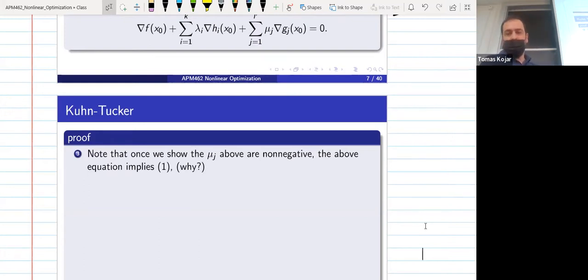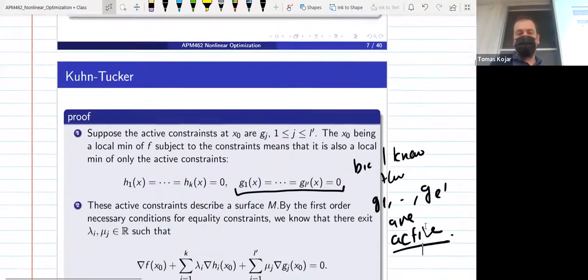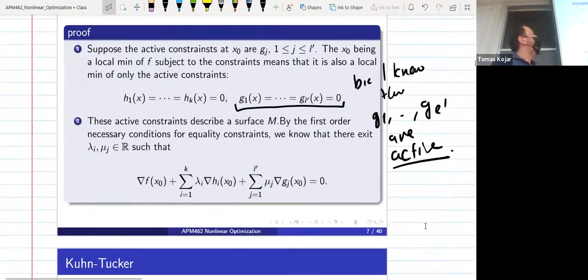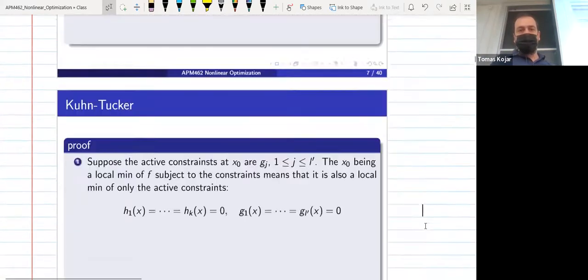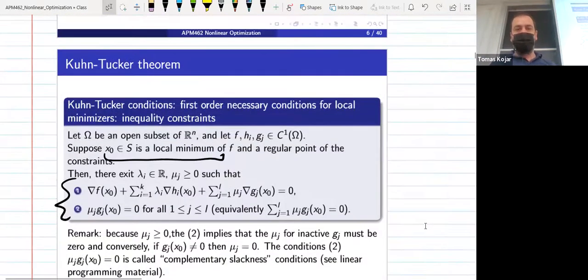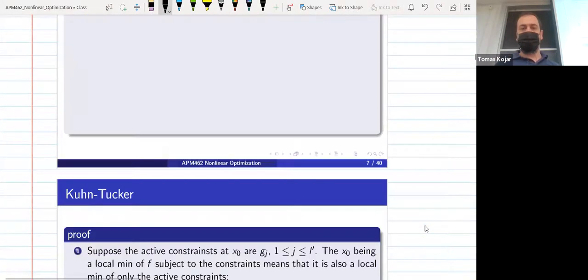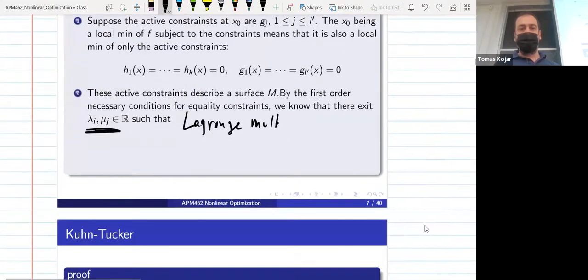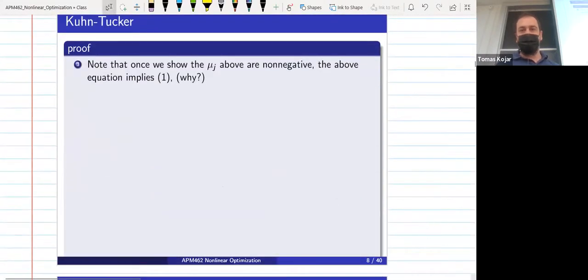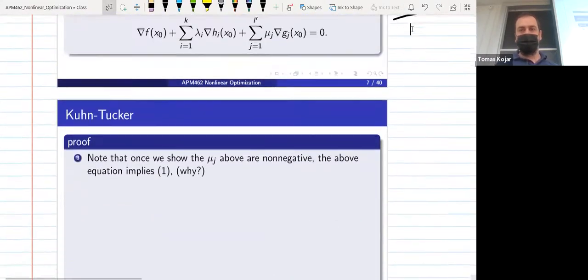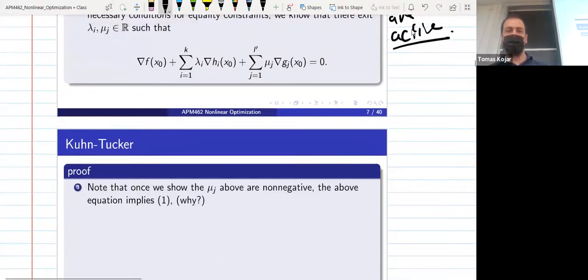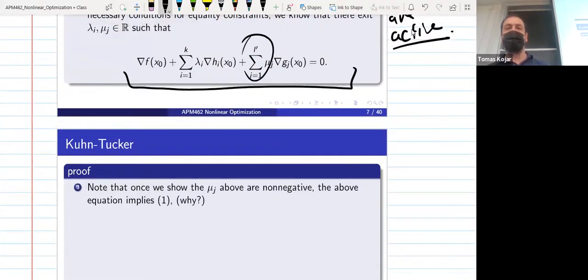So let me ask you this. If I show that in fact the Lagrange multipliers are non-negative, why would that give me the full thing with the inactive constraints? Let me write down what I'm asking. We have this result, but it only goes up to active.